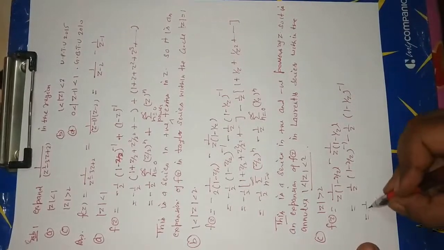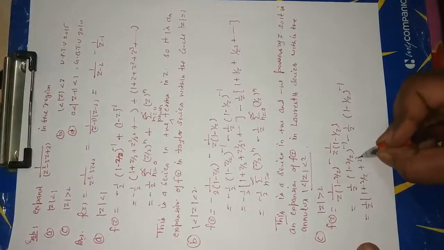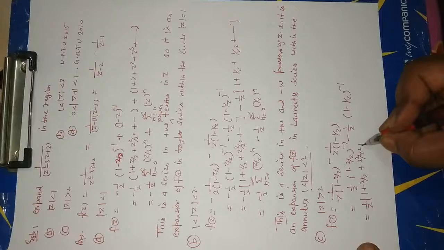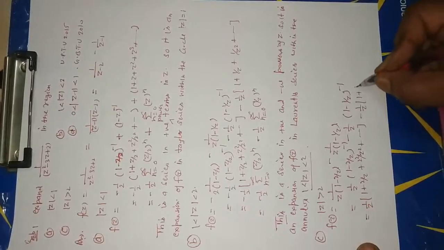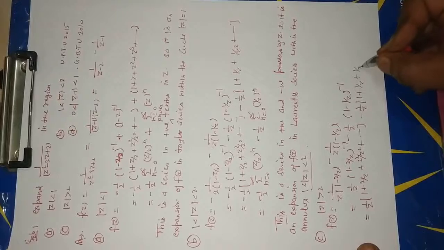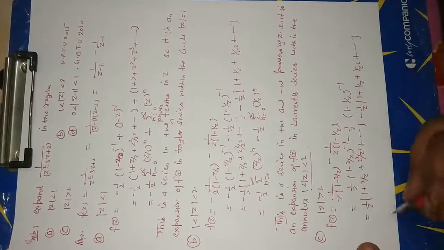Expand: 1 upon z, 1 plus 2 upon z plus 2 square upon z square plus up to dot, minus 1 upon z, 1 plus 1 upon z plus 1 upon z square plus up to dot, infinite number of terms in the expansion.